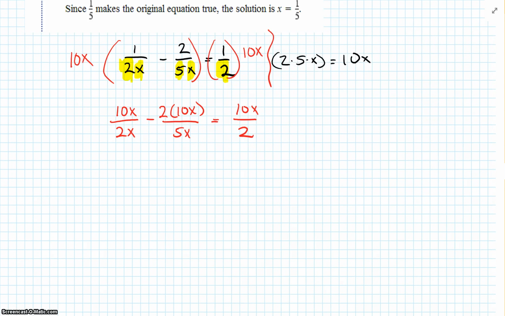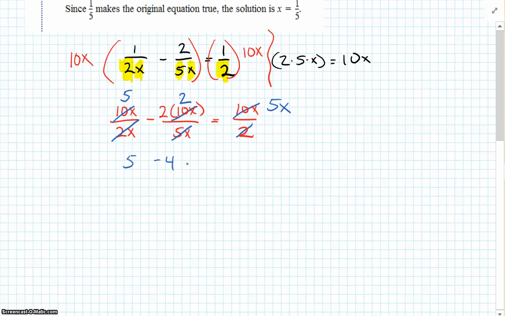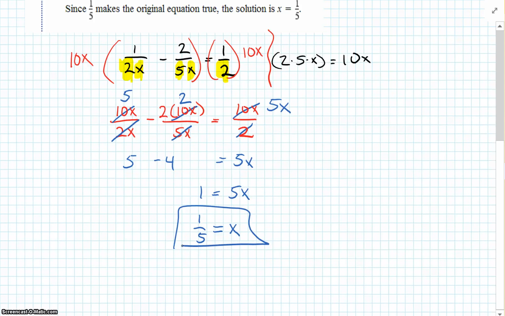So let's cancel. 2x goes into 10x 5 times, 5x goes into 10x 2 times, and 2 goes into 10x 5x. So 2 times 2 is 4, so it's going to be 5 minus 4 equals 5x. So 1 equals 5x. So divide each side by 5, isolate your x. X equals 1/5.